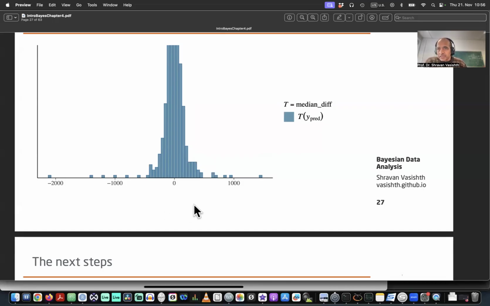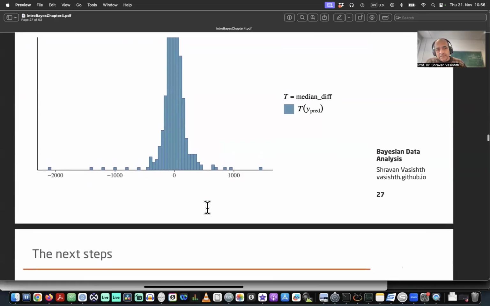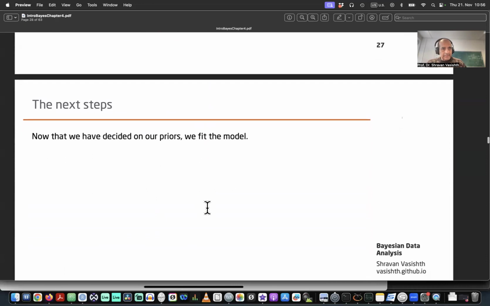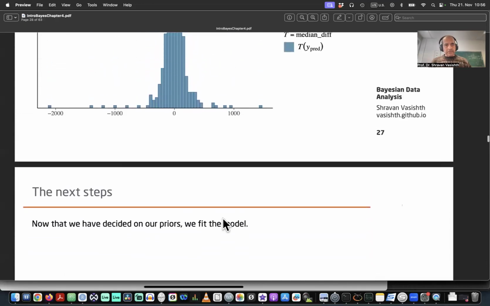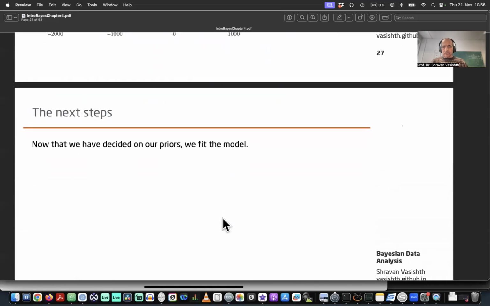Technically, of course, you can do that, but you shouldn't do that. Prior specifications are not supposed to be derived from the very data that you're going to now analyze.